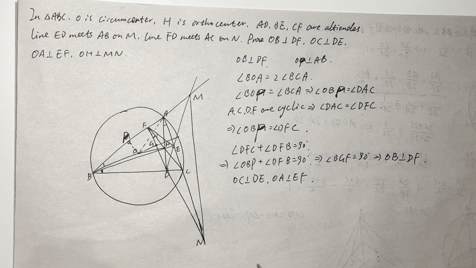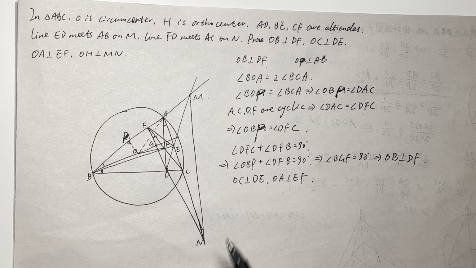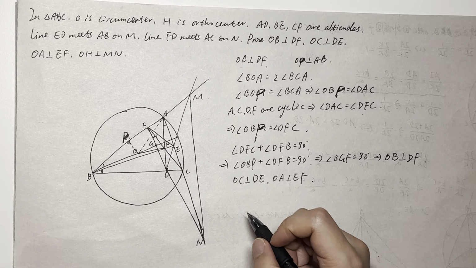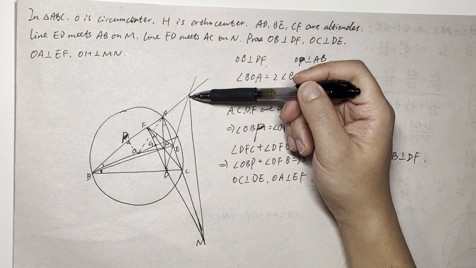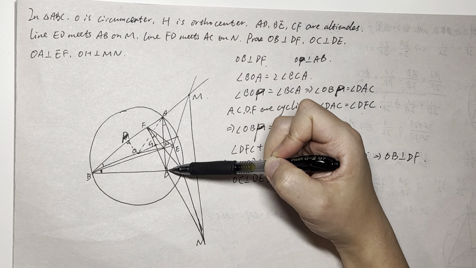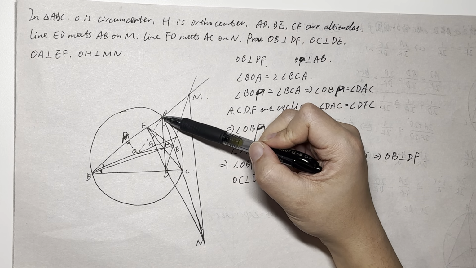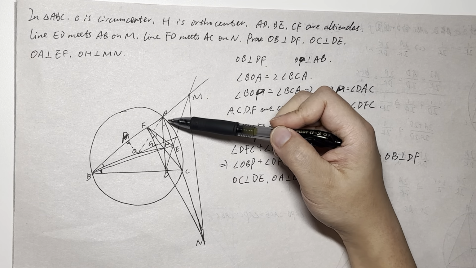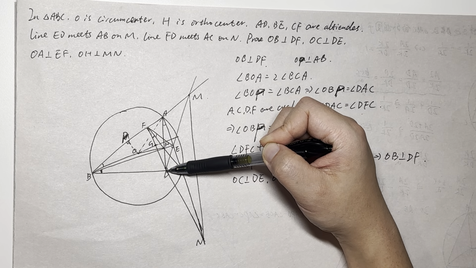For the second part, we want to prove OH is perpendicular to MN. Let's just look at how we get M. M comes from the extension of DE and BA. N comes from the extension of AC and FD.